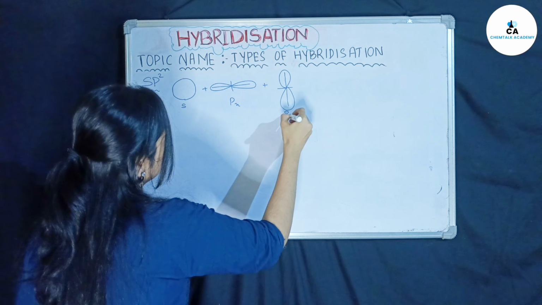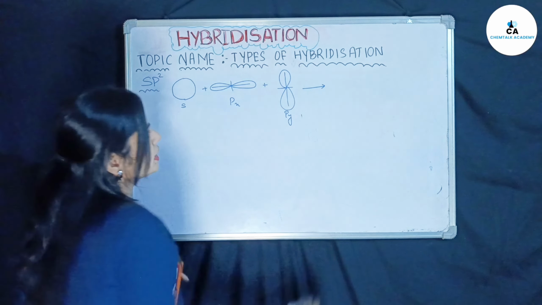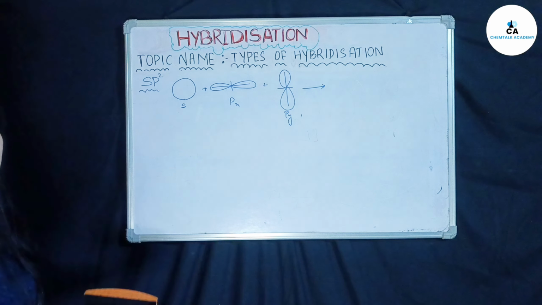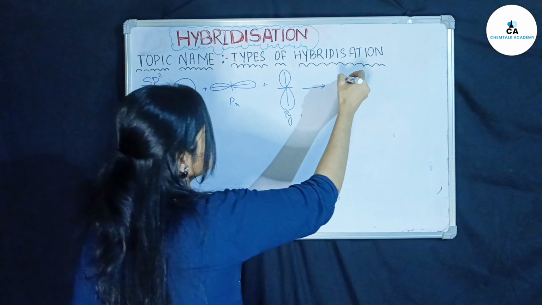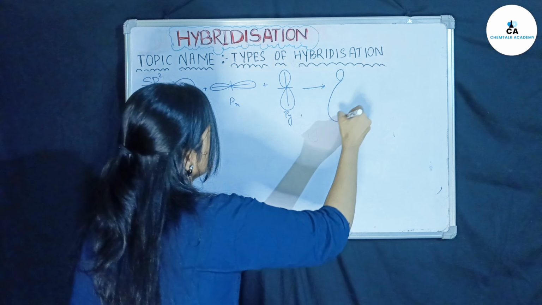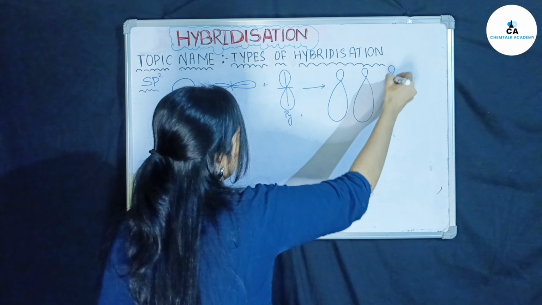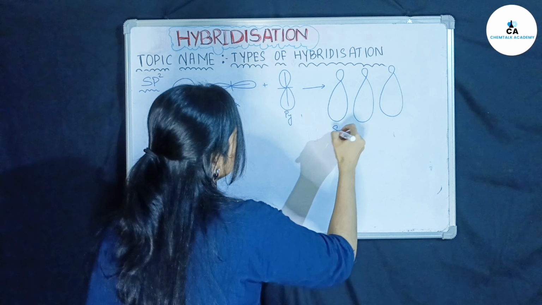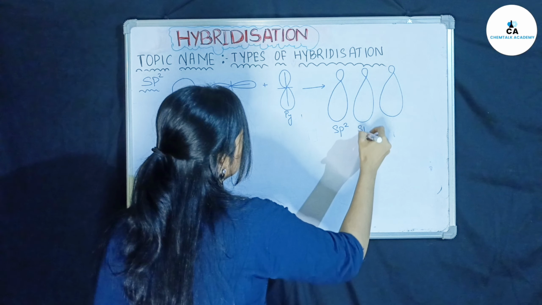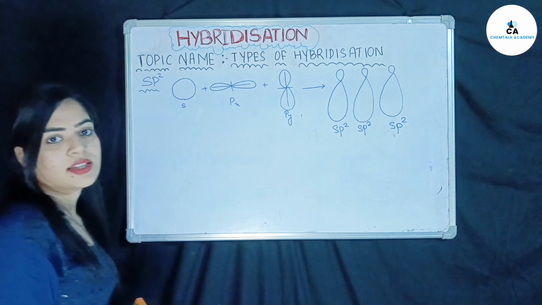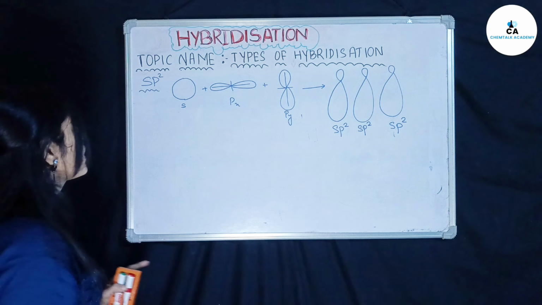In result what we will get? When 1 s and 2 p are intermixed, we will get 3 sp2 hybrid orbitals, which are of equal shape, equal size and equal energy. Clear?